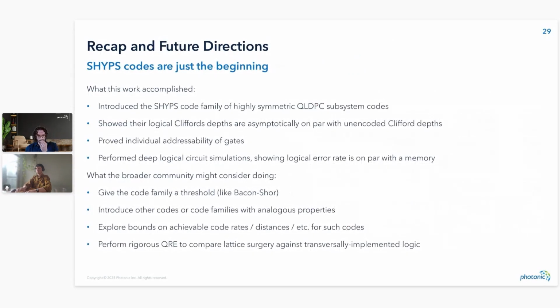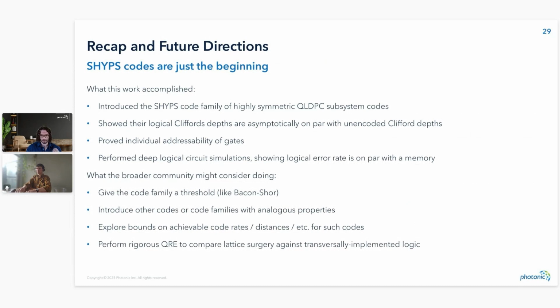Okay, so as Alex described, we introduced this family of really highly symmetric QLDPC codes. We introduced them motivated by the idea of what sort of things you would need to have enough transversal gates to efficiently implement the Clifford group.